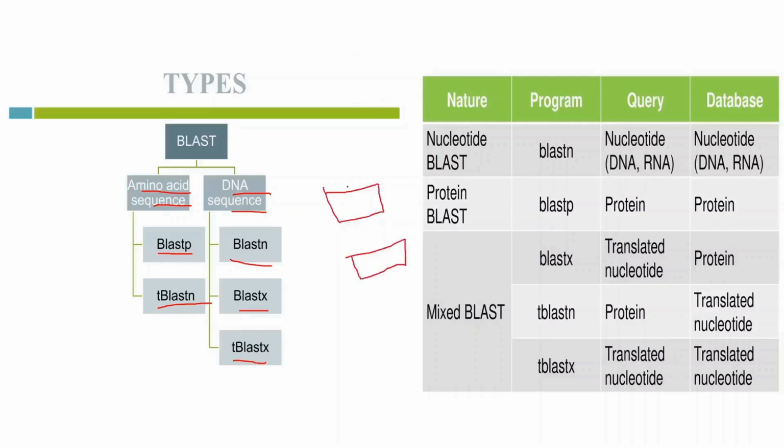One is the query sequence you have to provide as input in FASTA format, either the nucleotide sequence or the protein sequence. The other is your target, against which the BLAST can be performed. So the first one is BLAST N.